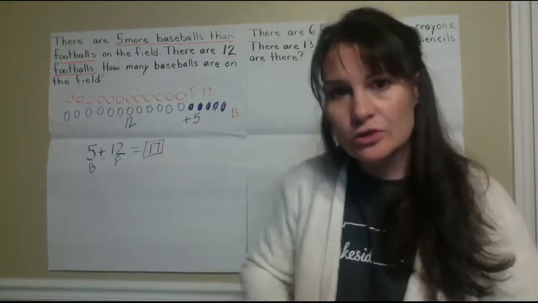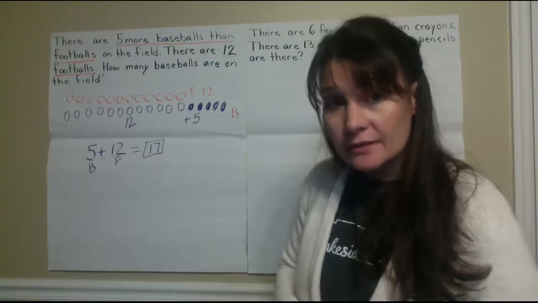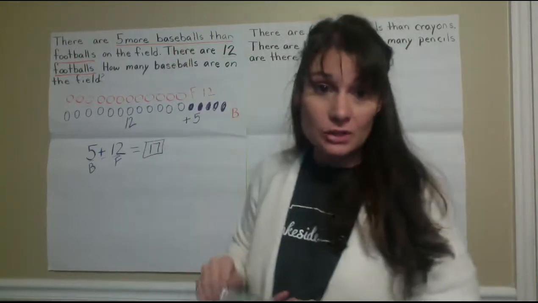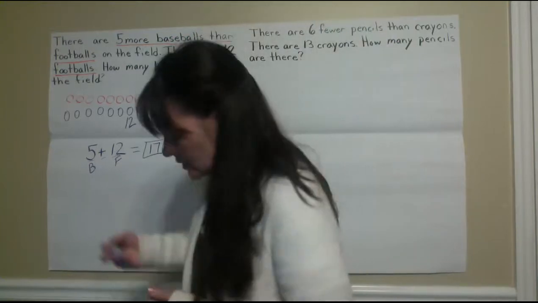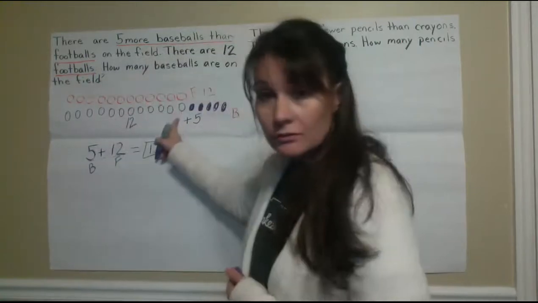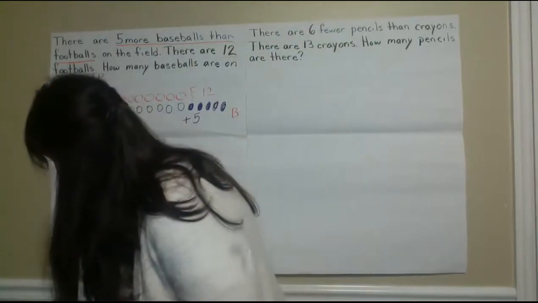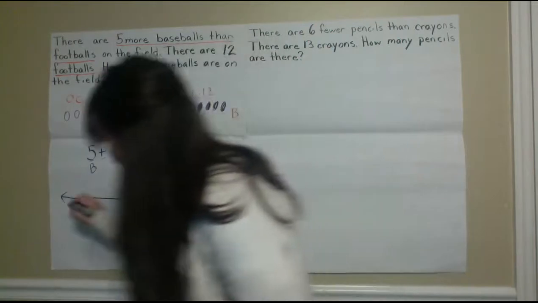That one was a little tricky to solve because you're not subtracting, you're adding. You really have to think about what the problem is asking you to do. So another way that you could have solved that, you could have drawn your comparing, just like we did here. You could have also used another model. You could have used a number line.